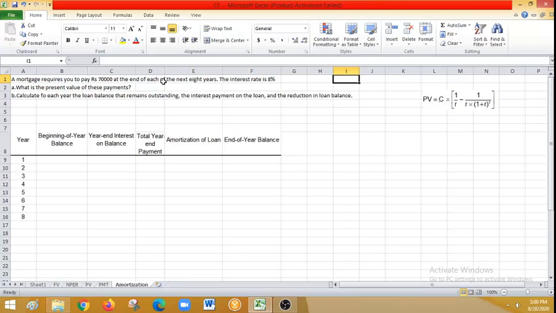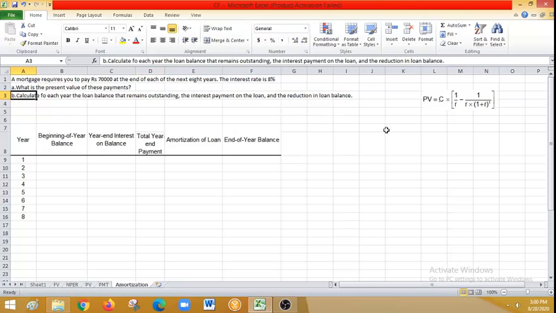And the second part of the question is, we are going to calculate how much interest is paid every year, what is going to be the outstanding amount, and how much of the loan is reducing every year. So that is the second part of the question. First we are going to solve the A part.